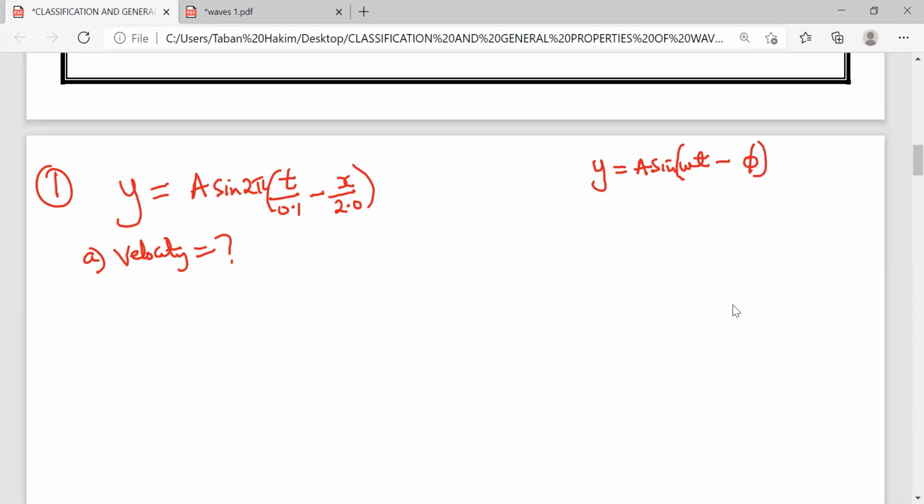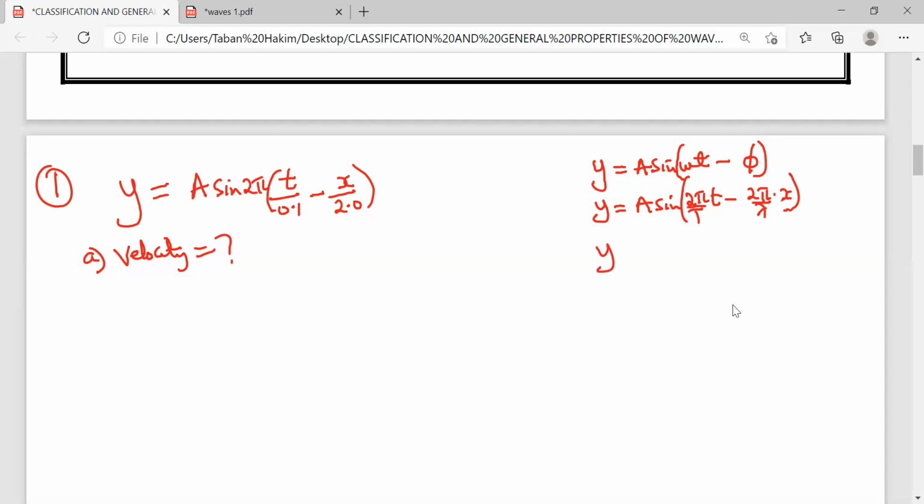In terms of pi, we shall simply have y equal to A sine 2 pi out of the capital T times t, then minus 2 pi out of the wavelength times the distance x.